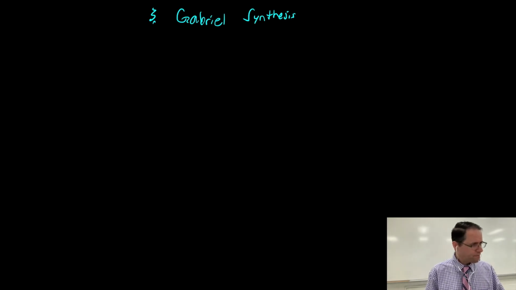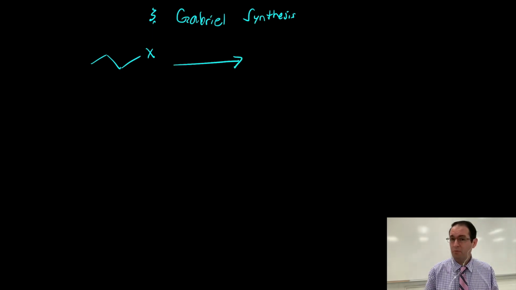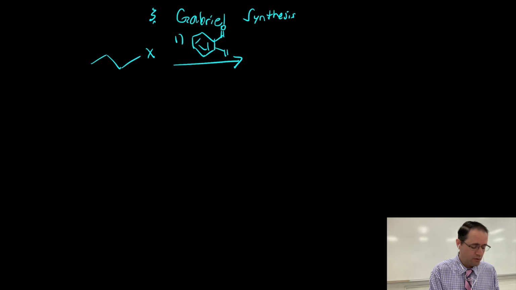So the overall synthesis here is going to be to take an alkyl halide, okay? And remember, bromide and iodide are your best leaving groups, and it's going to be a multi-step procedure, okay? So you're going to add phthalimide. I'll go over each of these steps in a bit, but let me just give you the overview here first, okay? This is what the synthesis will look like.